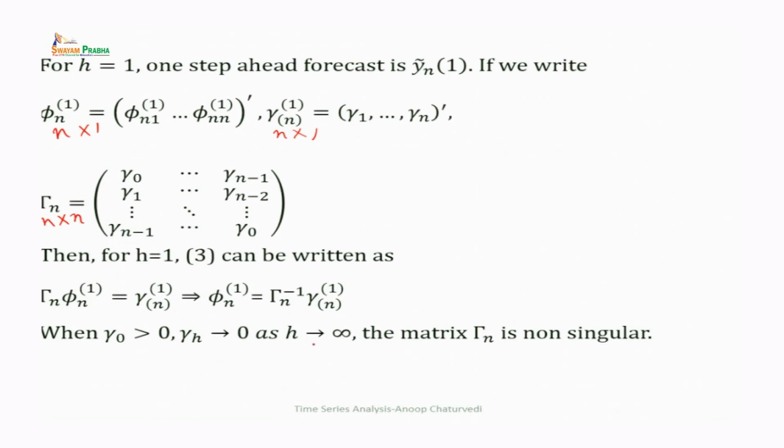And actually this matrix gamma n is non-singular matrix, because gamma naught is greater than 0 and gamma h tends to 0 as h tends to infinity. Your process is a stationary process, so these autocovariances tend to 0 as h tends to infinity. So, you can always define inverse of gamma n. So, phi n 1 is equal to gamma n inverse gamma n 1.